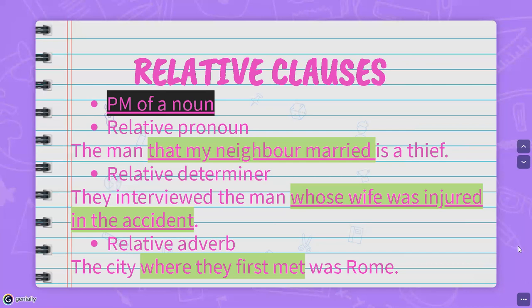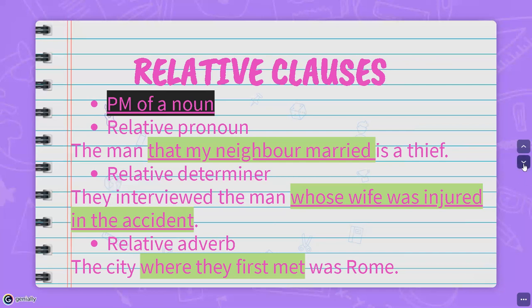In the second case, whose wife was injured in the accident, is closely linked to the man. Okay, it is a post modifier of the head man within the noun phrase, the man whose wife was injured in the accident. And in the last case, where they first met, is the post modifier of the head noun city within the noun phrase, the city where they first met.